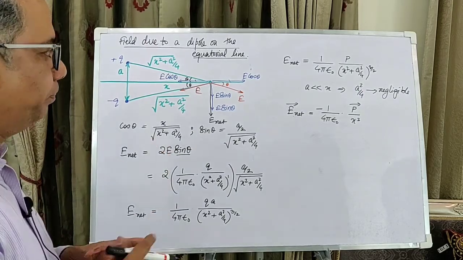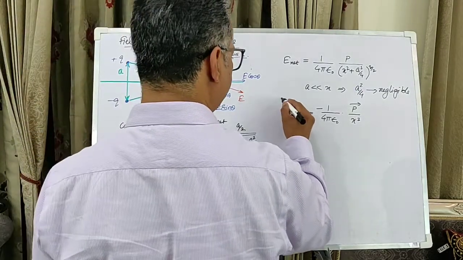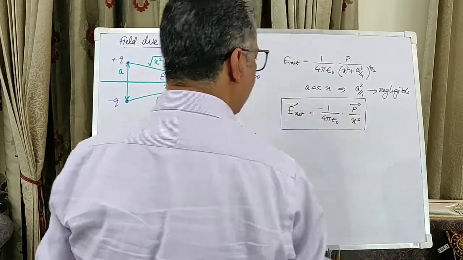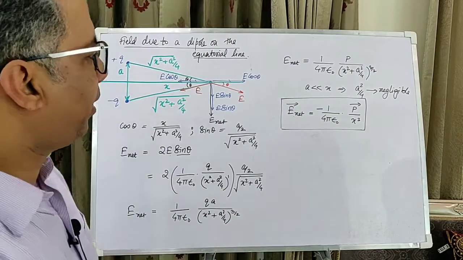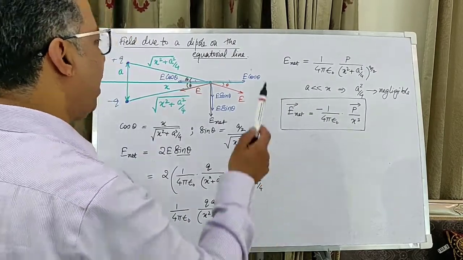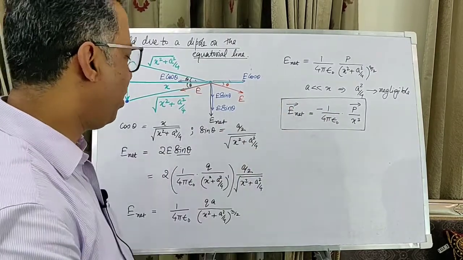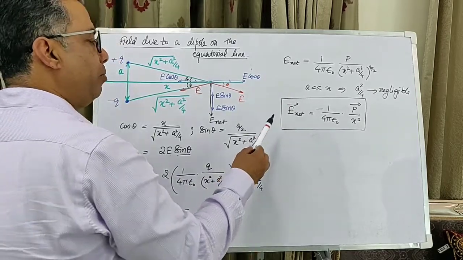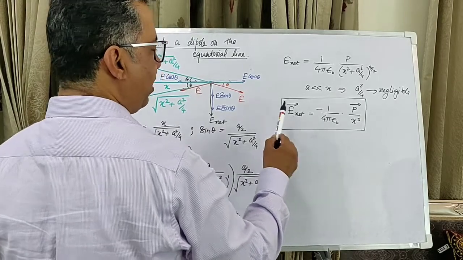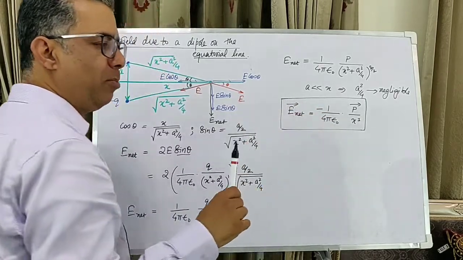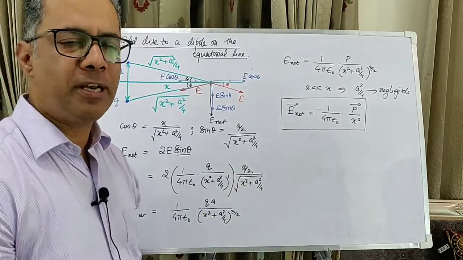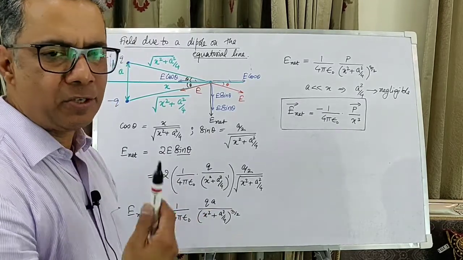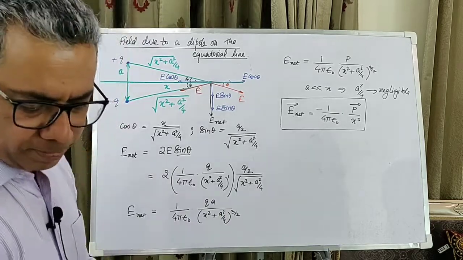So this then is the formula for the electric field due to an electric dipole at a point on the equatorial line. On the equatorial line, the net field is directed opposite to the dipole moment, whereas on the axial line it is directed along the direction of the dipole moment.